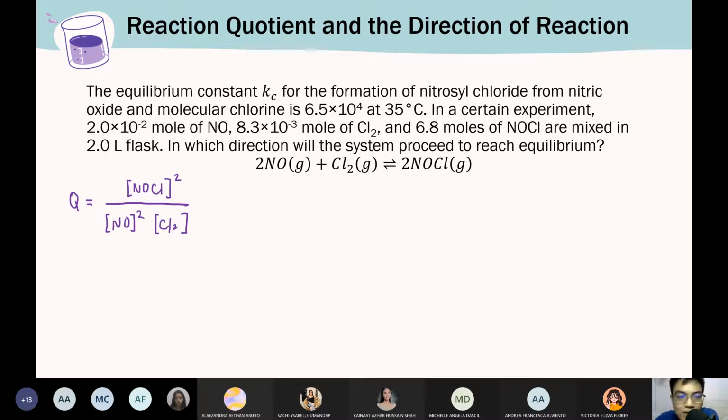Tell me in the chat box, paano makukuha ang concentration ng NOCl, NO, and Cl2? Mole per liter. So, divide the mole by the liter.